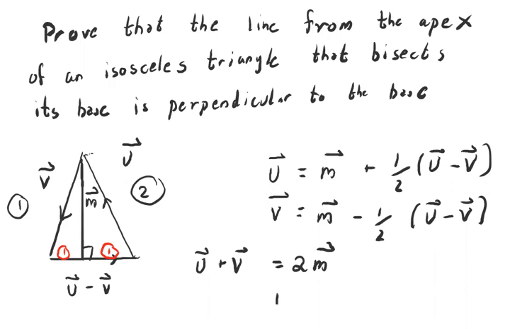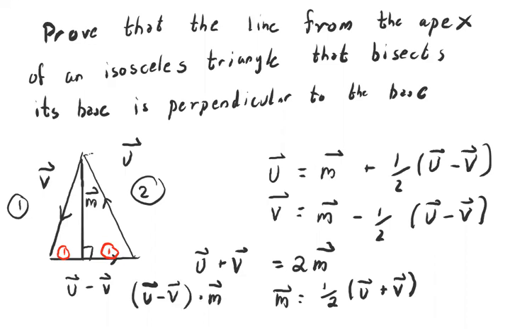And this says exactly what I want to show, that namely M definitely lands in a way that it bisects the base. M is equal to 1/2 times U plus V. So in a sense, U minus V has to be perpendicular to M. You should show that that's true.